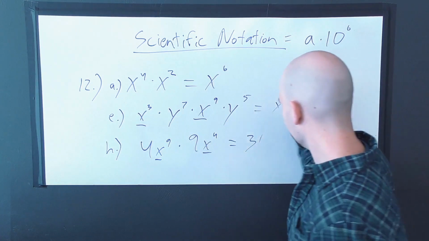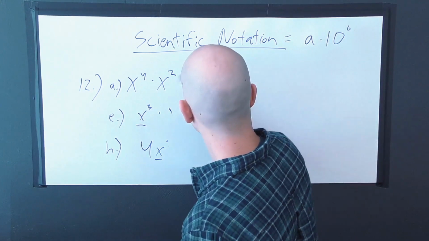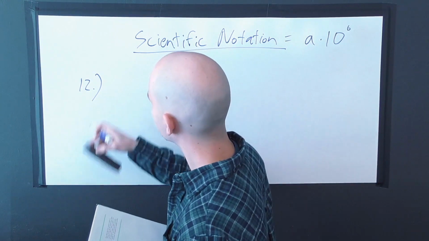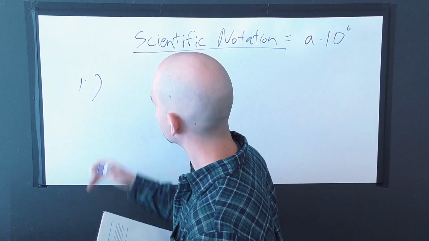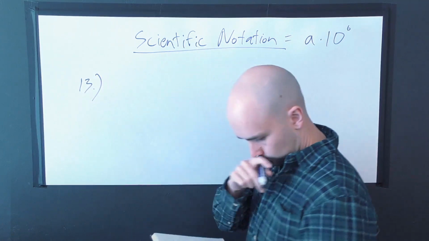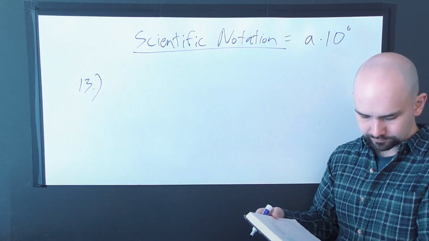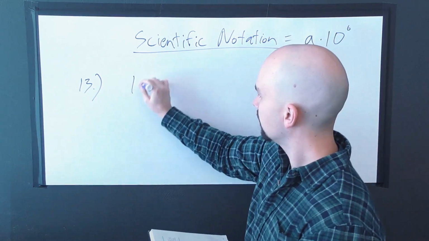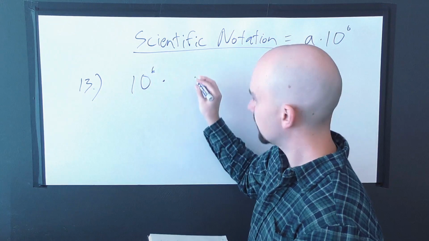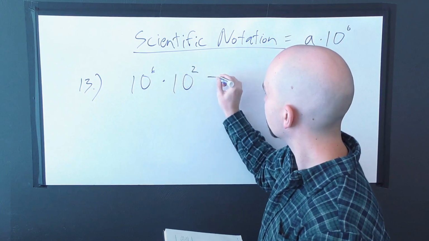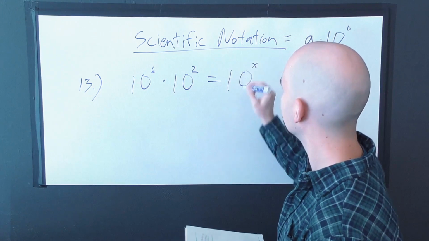All right, time for number 13. Find x in each of the following equations. 10 to the power of 6 times 10 to the power of 2 equals 10 to the power of x.